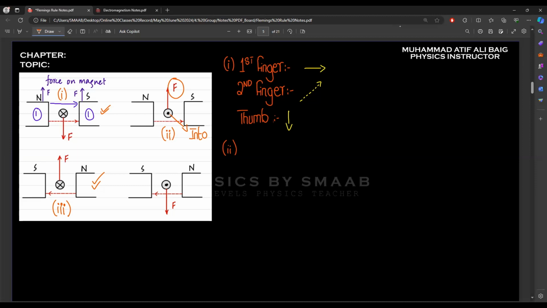Like when you have your notebook on the desk, if your finger is moving towards your notebook, that means into the paper. But if your finger is moving away from that notebook in upward direction, towards the roof of the room, it means that is out of the paper, right? So this is the concept.